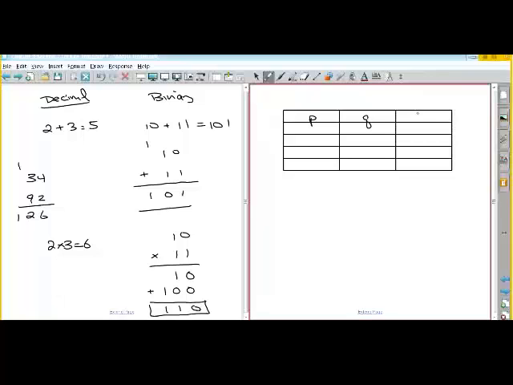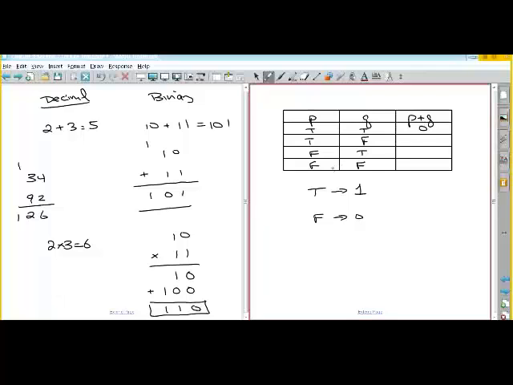And so what we'd have is P, Q, and P plus Q. I'm just showing it as an addition. And you'd have true, true, true, false, false, true, false, false, where true you can think of as a 1, and false you can think of as a 0.